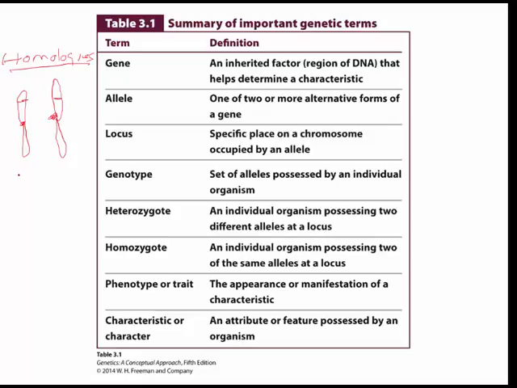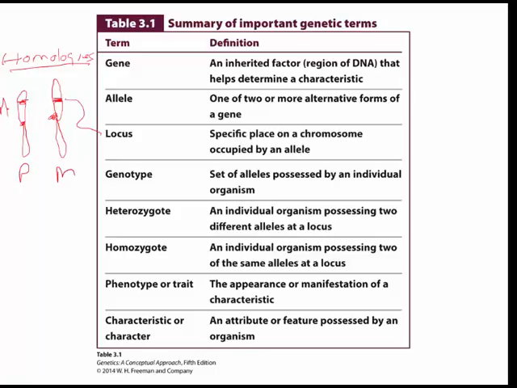That means one is from dad, that's the paternal chromosome. One is from mom, that's the maternal chromosome. This is the locus, so the position on the chromosome where the gene resides is called the locus.